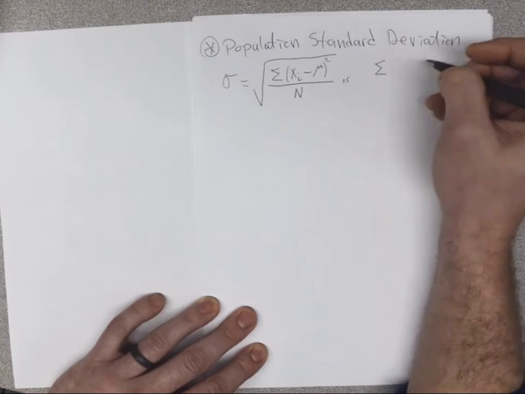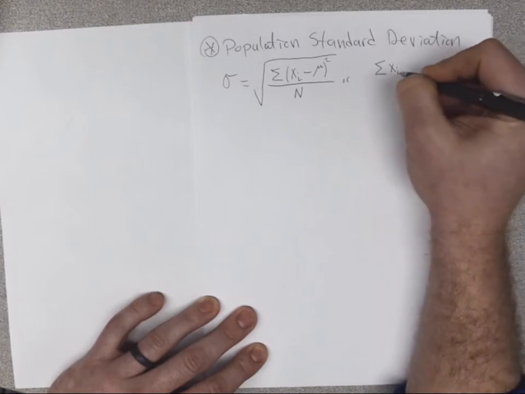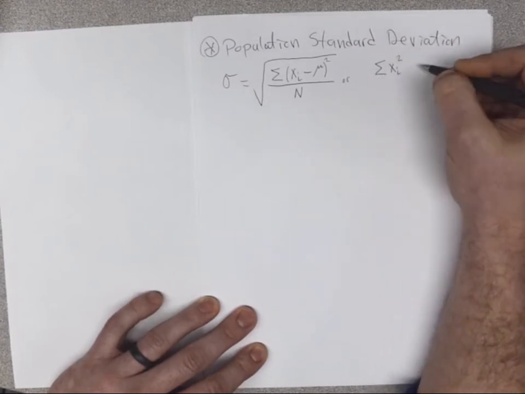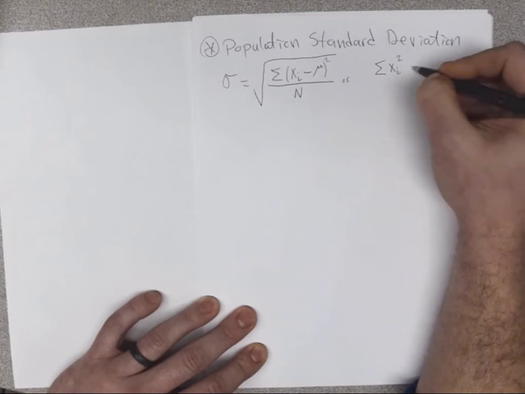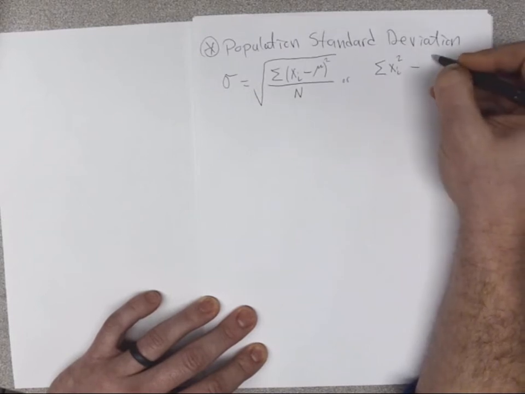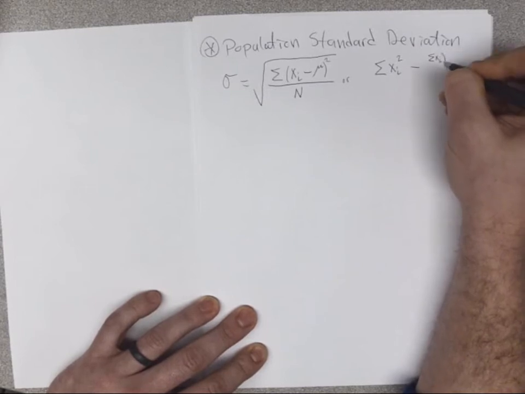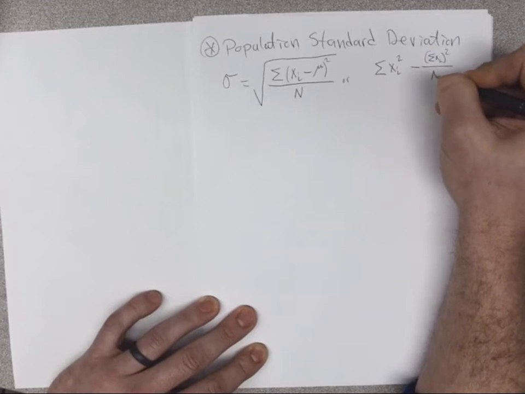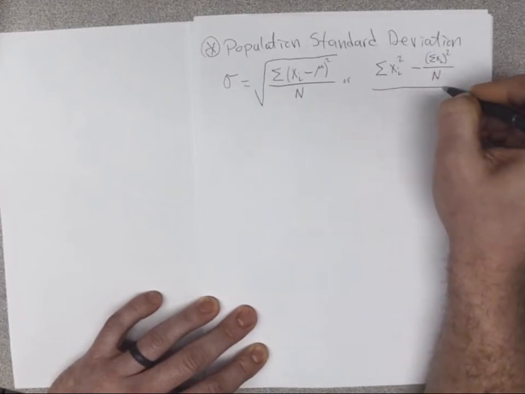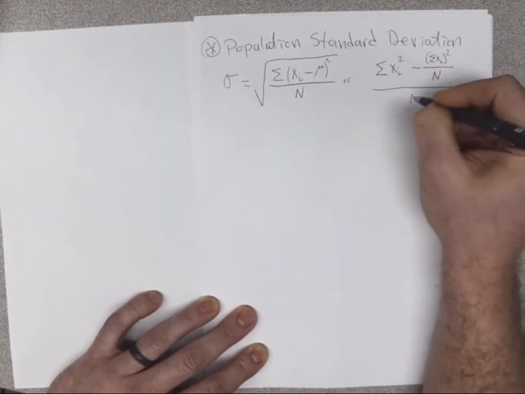Or you can do this, the sum of all the observations squared. So you square each observation and then add them all together, and then subtract that from the sum of all the observations, and that's squared. And then just that is divided by capital N. And then all of that is divided by capital N again.